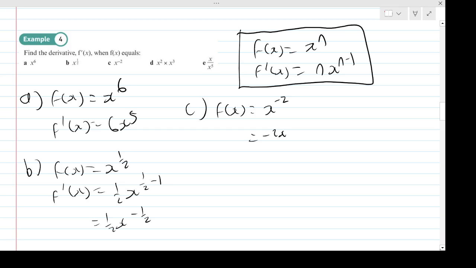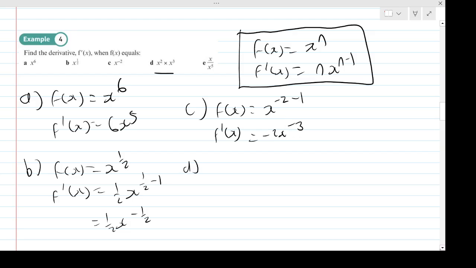And then the power gets knocked down by 1. Now, minus 2 minus 1 would be minus 3. It wouldn't be minus 1, it'd be minus 3, because you're knocking 1 off, meaning you're subtracting 1. So minus 2 subtract 1 would be my new power of minus 3. So that's my derivative there.